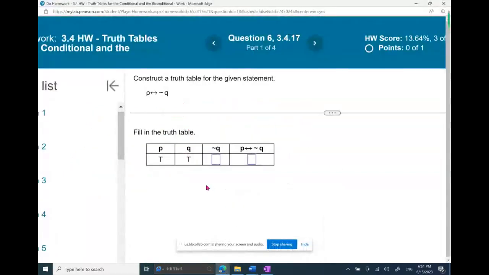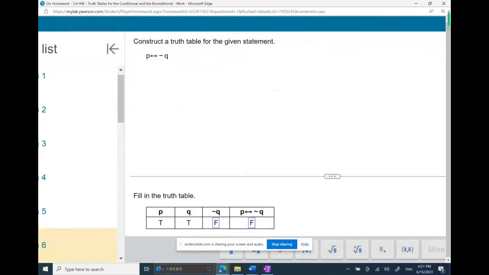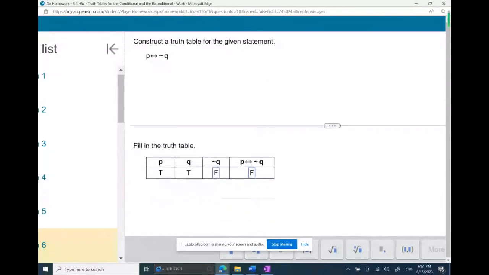Let's apply it. Let's complete this cell first. Now Q is F. The first component is P. The second component is not Q. They have different values, so the biconditional is false.